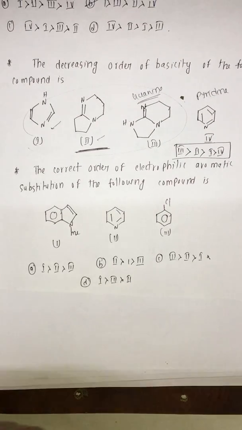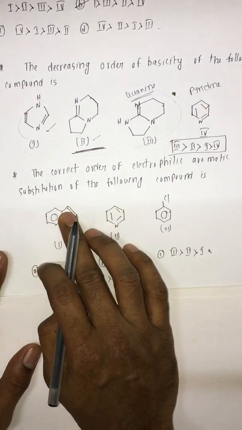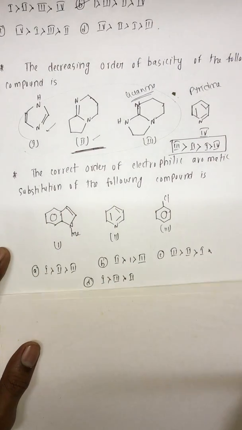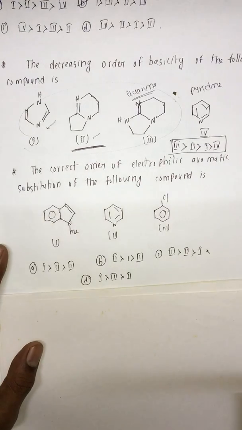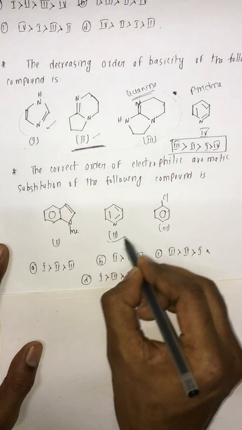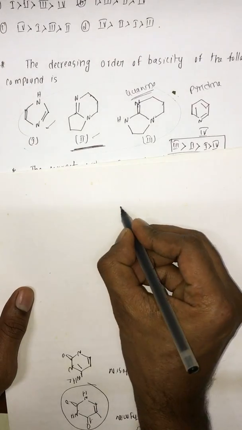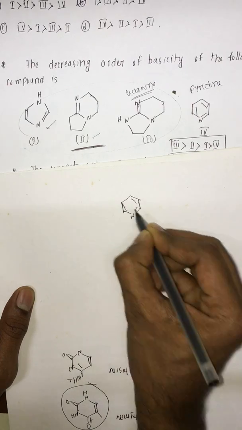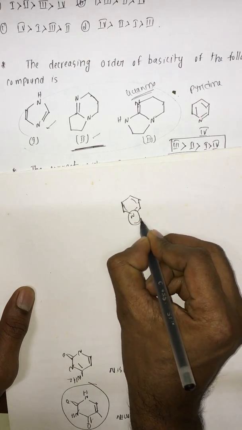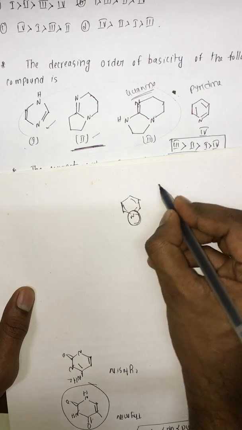And here we have the correct order of electrophilic aromatic substitution of the following compounds. Here, by the elimination method also, we can identify this answer, because we have pyridine here. So what is happening in the case of pyridine? Most of the electron density is located on the nitrogen.